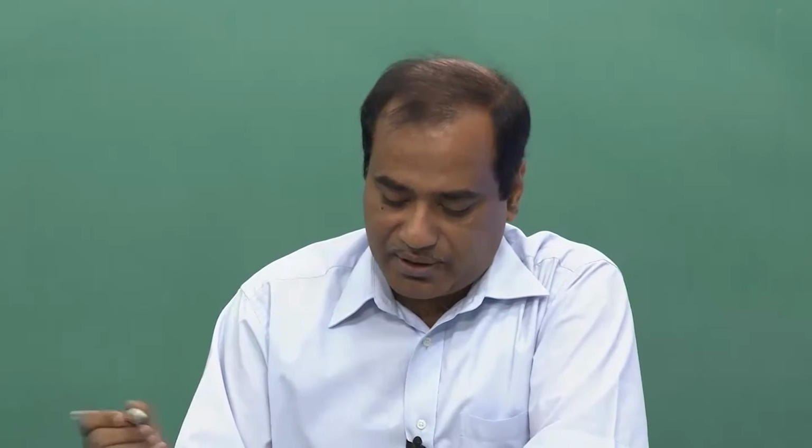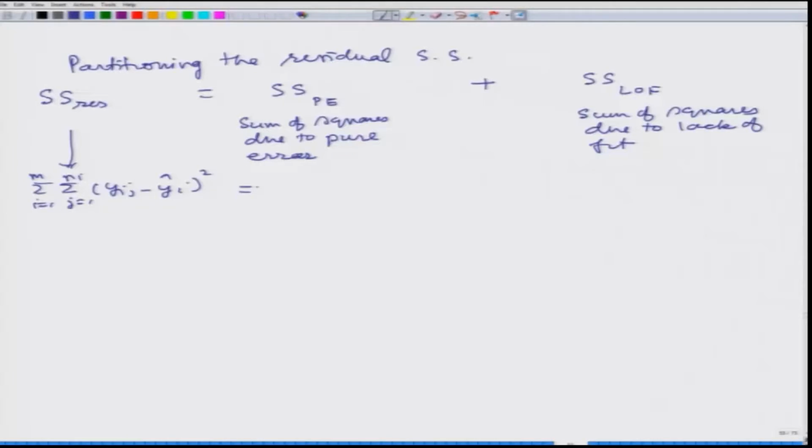This can be broken into the summation i from 1 to m, j from 1 to ni, of yij minus y bar i whole square, plus the sum of squares due to lack of fit, given by summation i from 1 to m of ni times y bar i minus y hat i whole square.